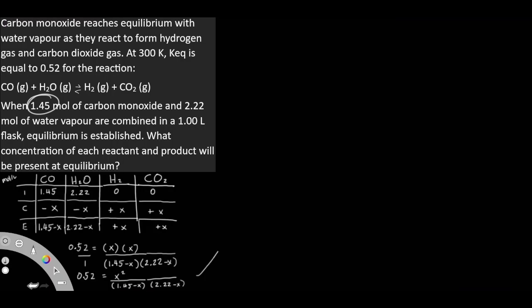Let's bring this all over up here, okay? So we'll start with 0.52 is equal to x squared all over 1.45 minus x multiplied by 2.22 minus x. We're going to put them all together, but we have to start cross multiplying.